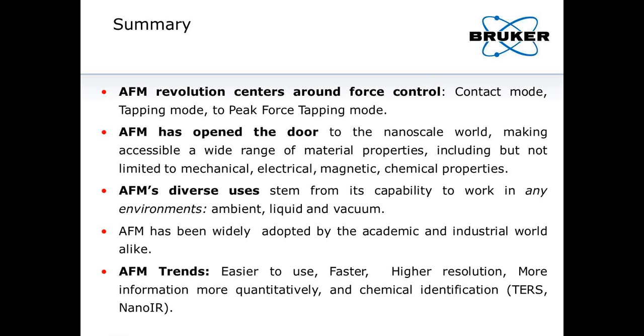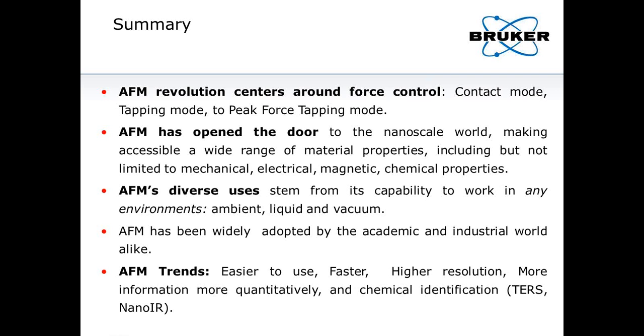AFM has really opened the door to this nanoscale world. It goes way beyond topographical imaging. You can access a wide range of properties like mechanical, electrical, magnetic, and chemical properties.